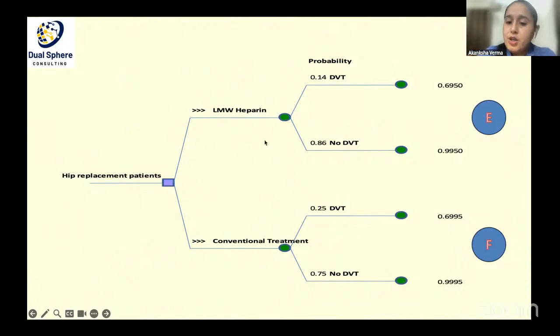Similarly, you will multiply the DVT probability with the quality and the no DVT probability with the quality for no DVT, and you will add it. So this will give you total qualities for your conventional treatment. The same way you have to do for the costing.